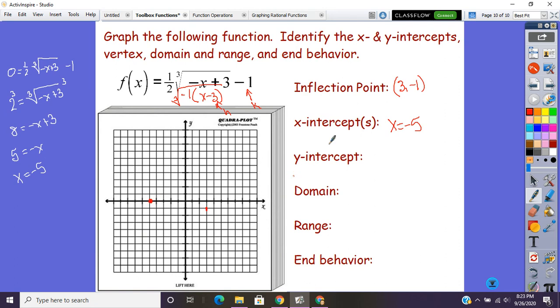Let's find the y-intercept. That means I put 0 in for the x. Y equals 1/2 cube root, 0 is in the x, so I'm really going to have the cube root of 3 minus 1. So 0.5 times the cube root of 3 minus 1.